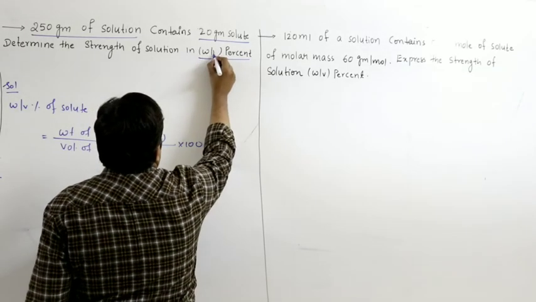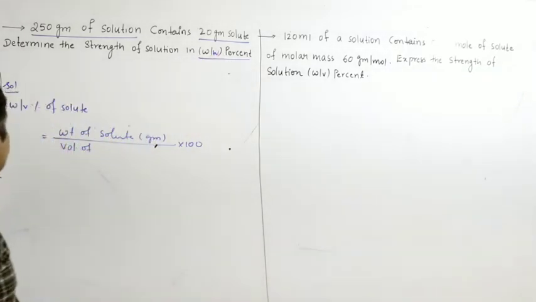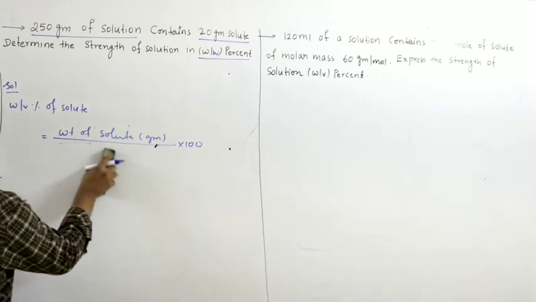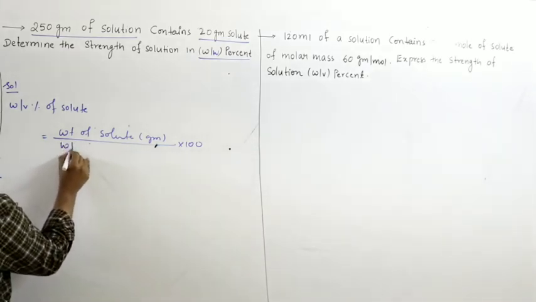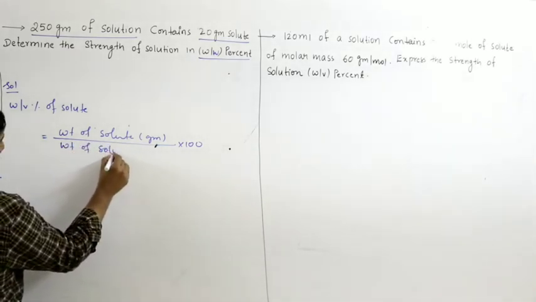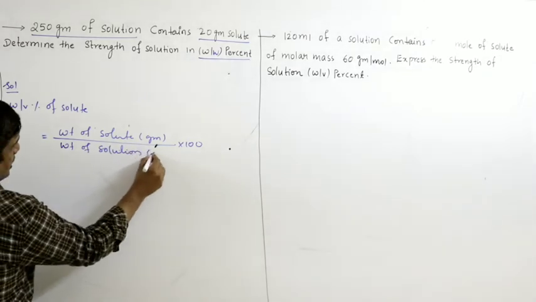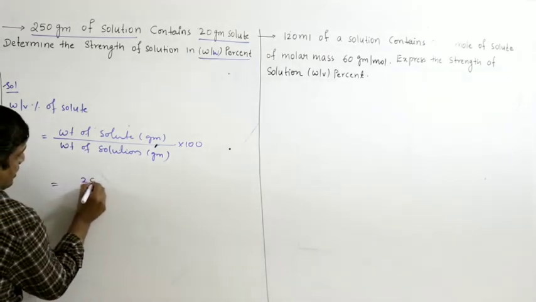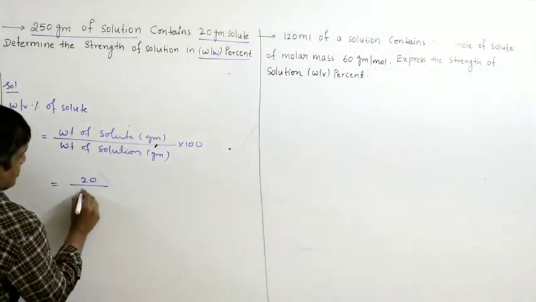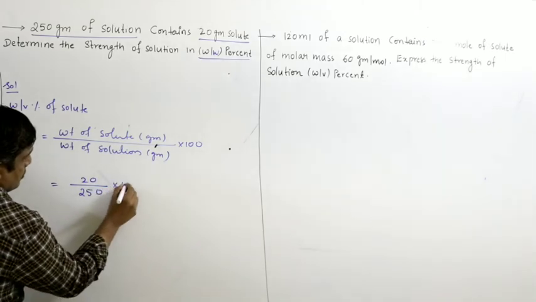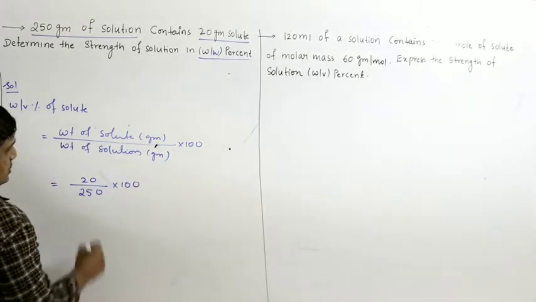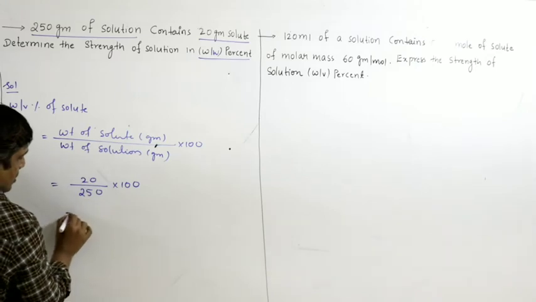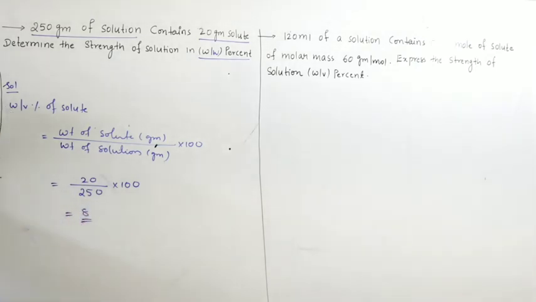Weight of solute in grams is 20, directly given. Weight of solution is also given, into 100, so 0.08 times 100 you will get 8, so 8%.